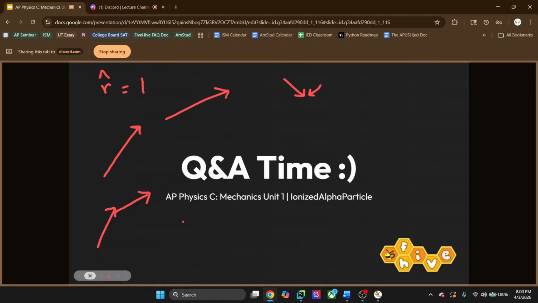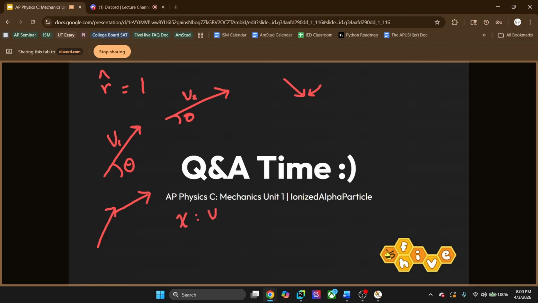You can also do this by splitting it up into x and y. If you're given the angle from the horizontal, say this is theta and this is v, you can split both of these up into their x and y components. Say this is 1, this is 2.